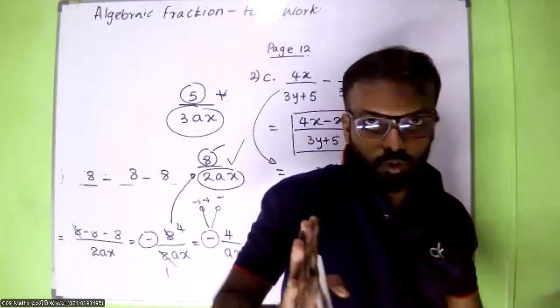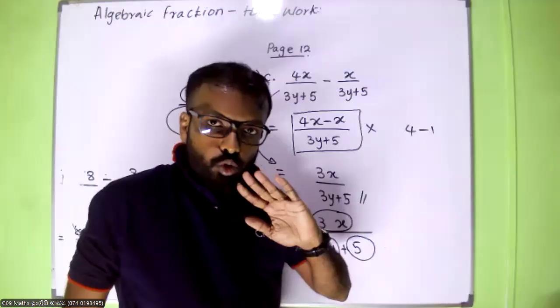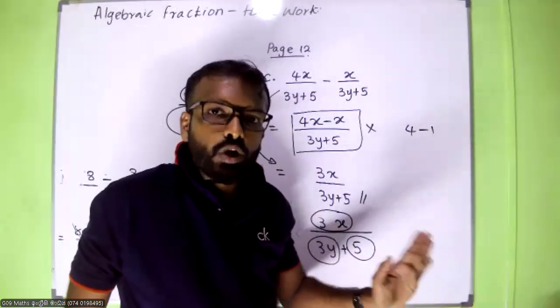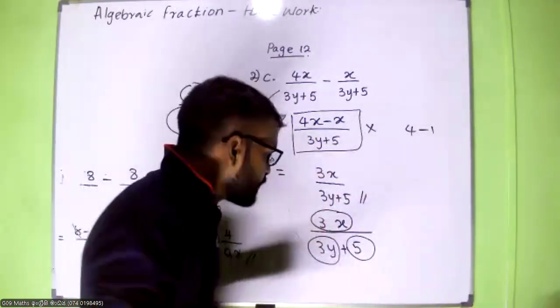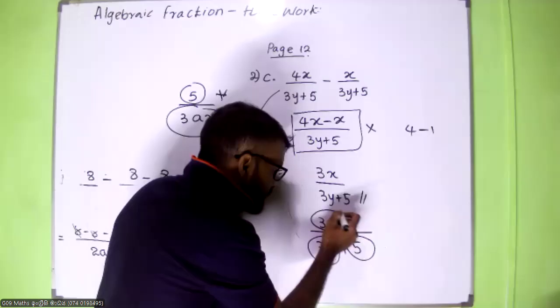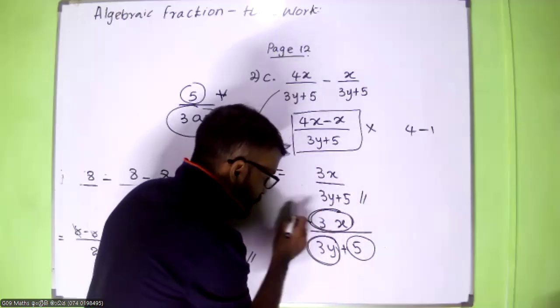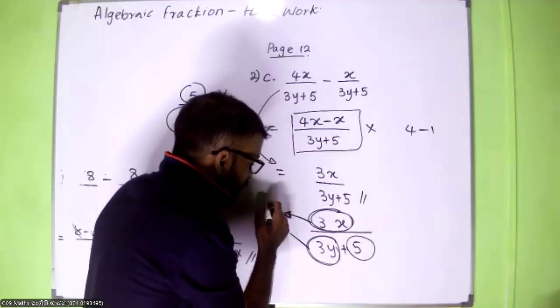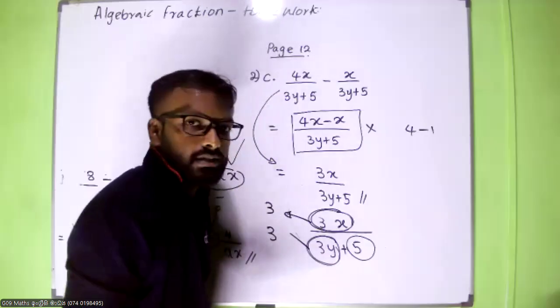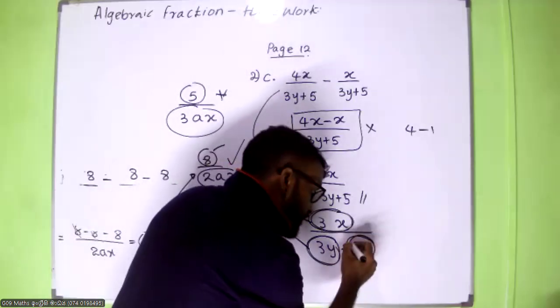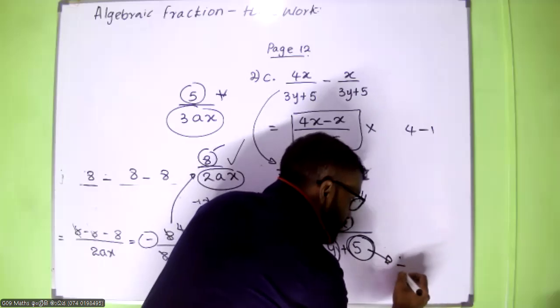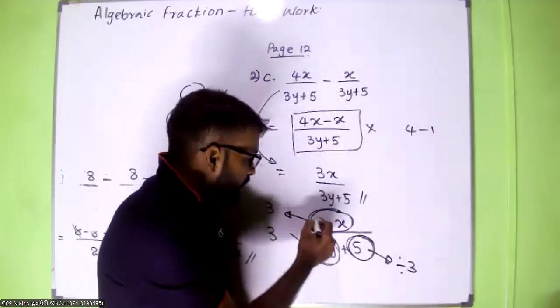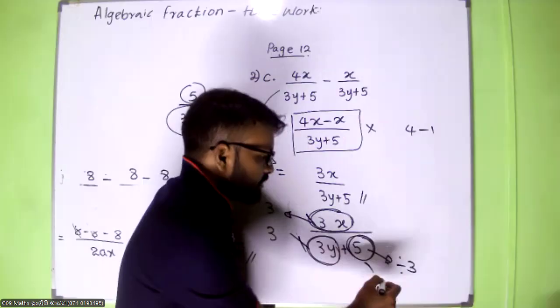No. You can't find it. So you cannot simplify only this term and this term. You cannot divide by 3 only this term and this term. Definitely, this term should also be divided by 3, if you want to divide this term and this term.